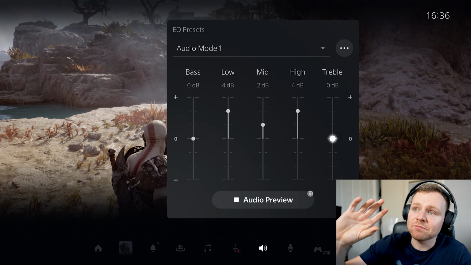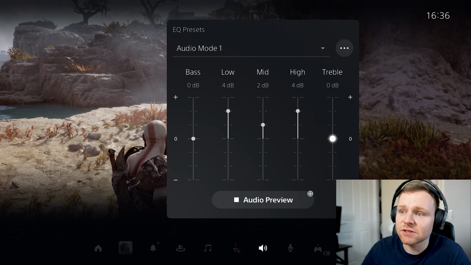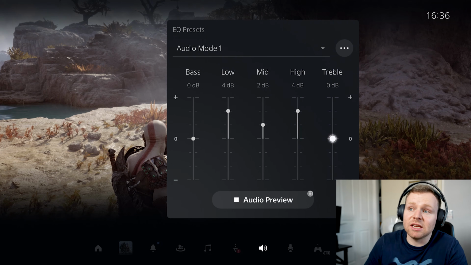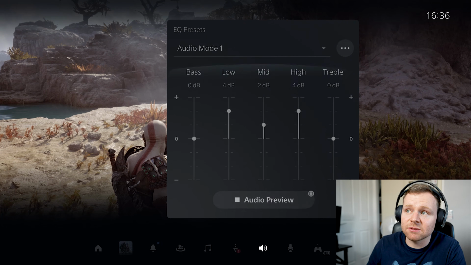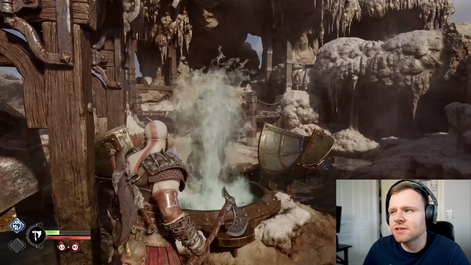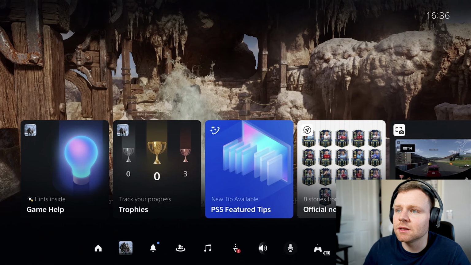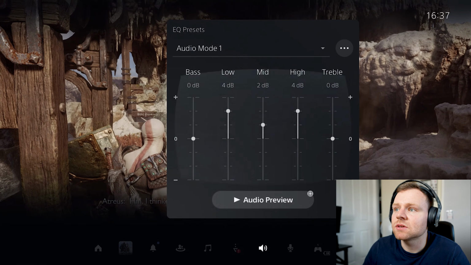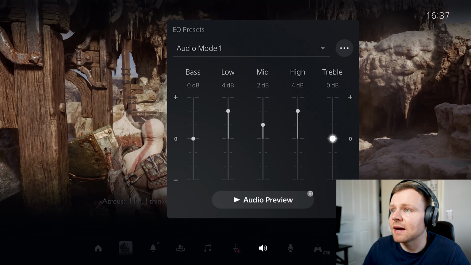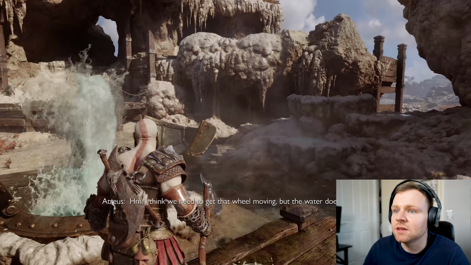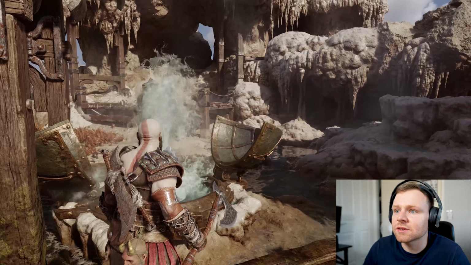The treble, I'm not hearing that much of a difference, so I'm going to play some gameplay, see how this setting is, and see if I need to make any changes. Overall, it's still sounding a little bit dull, so maybe boost up a bit more treble and see what happens. See if I actually like that. Yeah, there's a lot more clarity in the voice.